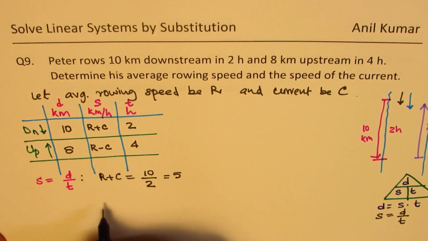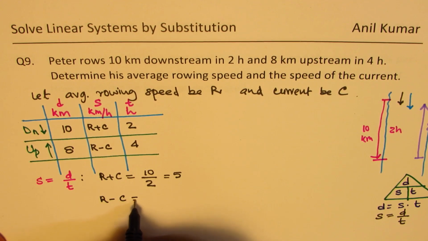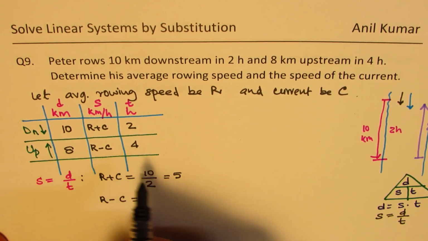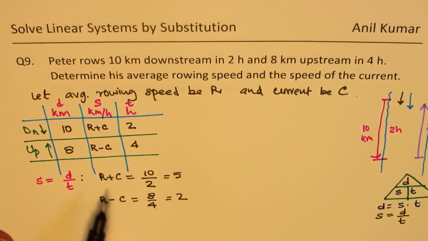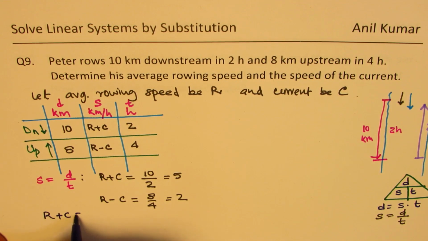From the second equation, we get R minus C equals distance 8 over 4, which is 2. Do you see that part? So we get very simple equations to work with, right? So basically our equations are R plus C equals 5 and R minus C equals 2.